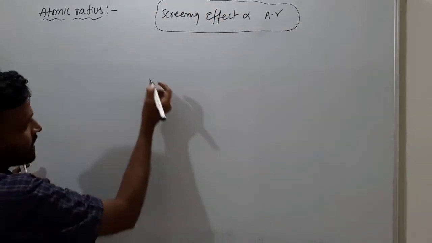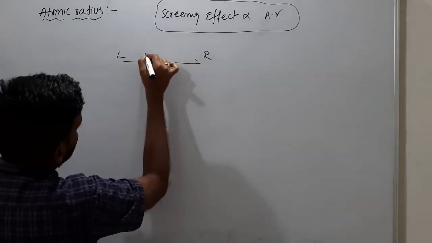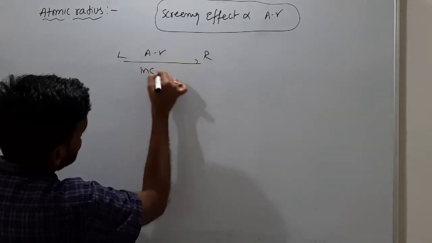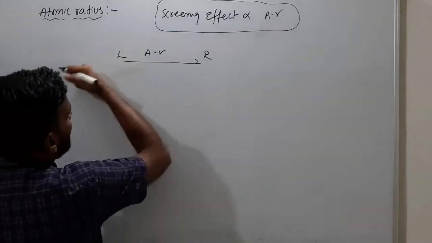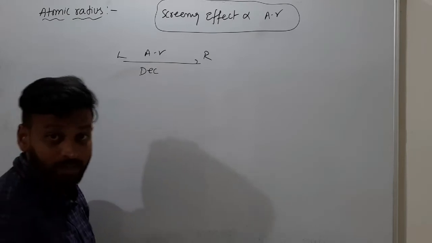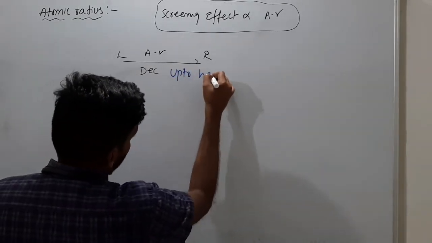Last and final, atomic radius left to right. I told you that in periods, from left to right, atomic radius decreases, but up to halogens only.